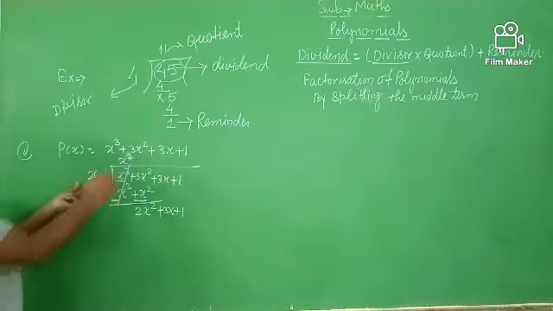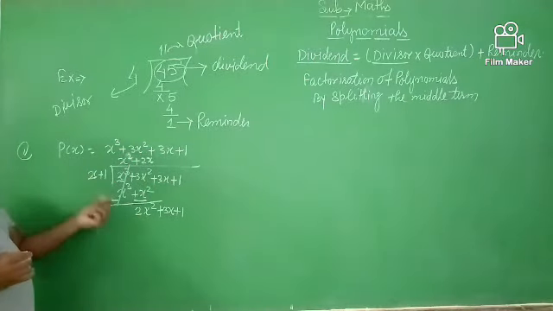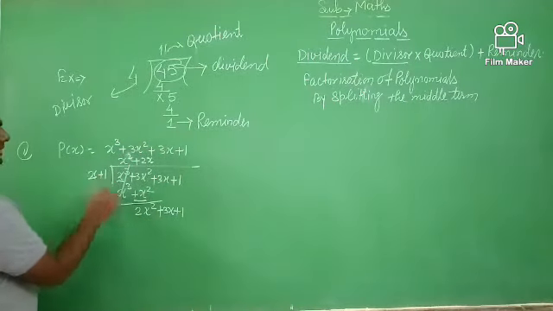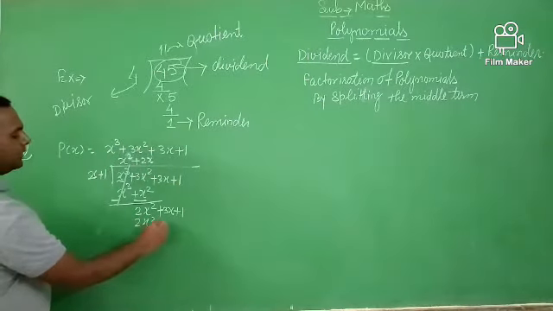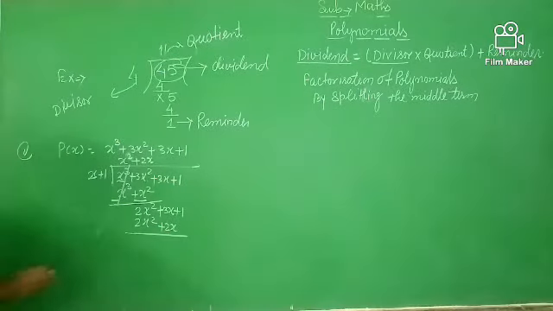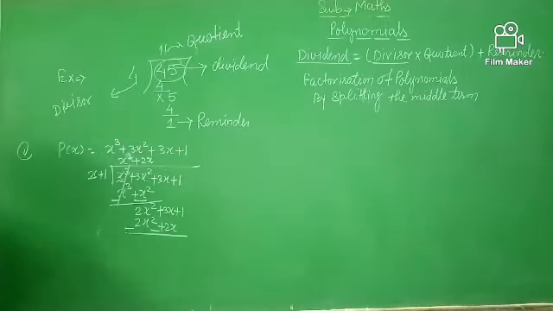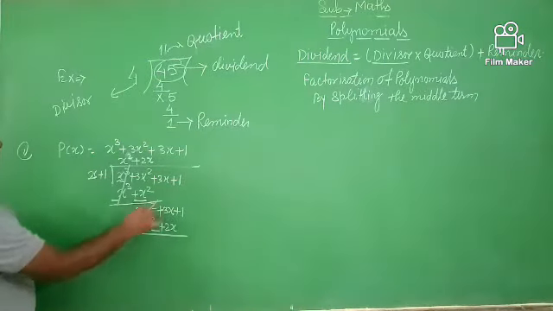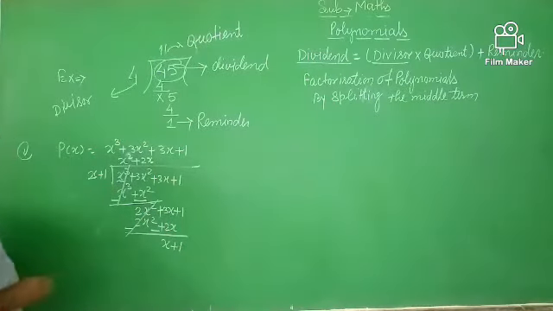If I multiply with 2x, it is converted into 2x square. And 1 multiplied by 2x is 2x. Because of subtraction the sign will be changed, 2x square cancels, here 3x minus 2x is equal to x plus 1.